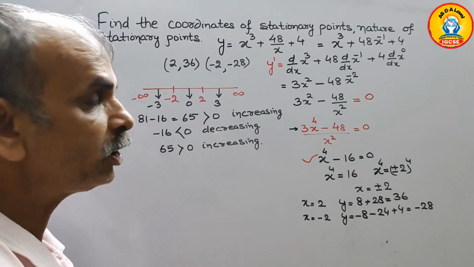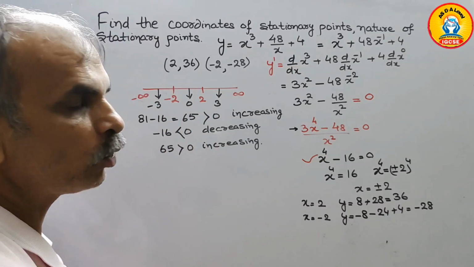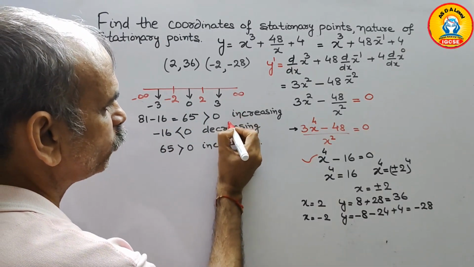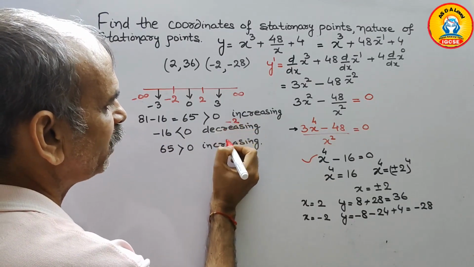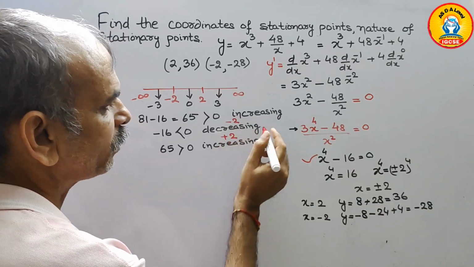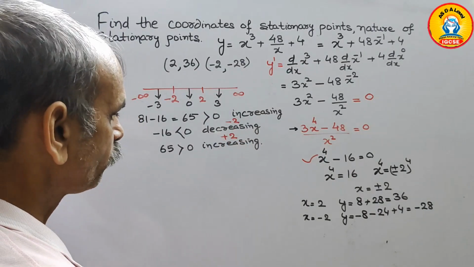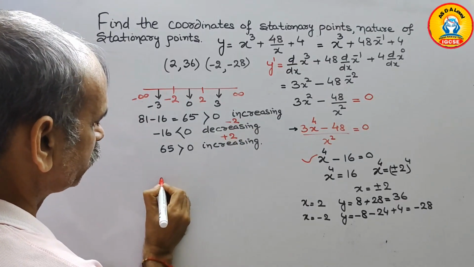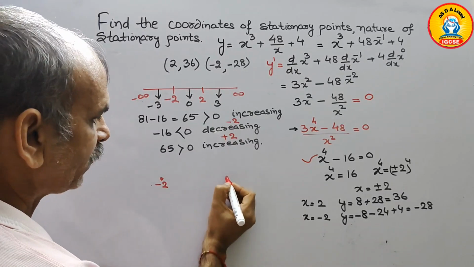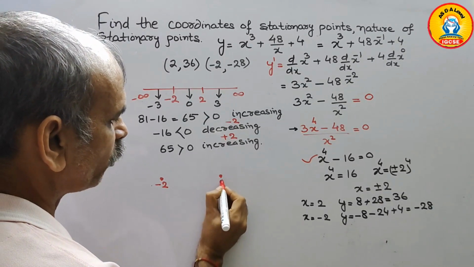So where are these points minus 2 and 2? In between the first two it is minus 2, and in between the second and the third we will get plus 2. These are the points in between them. Now suppose this point is minus 2 and this point is minus 3, and this point is 2.